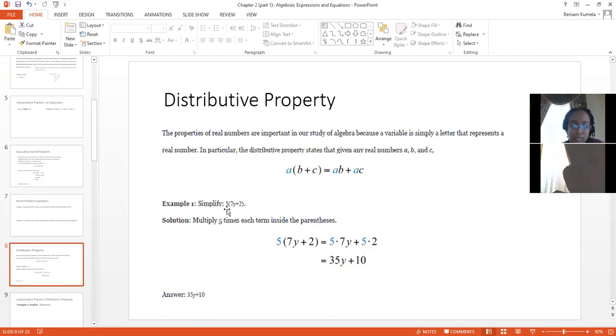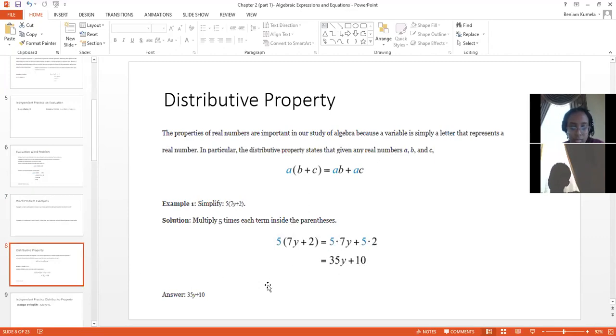Example number 1, simplify 5 times the parentheses 7y plus 2. So what they did here was the same thing. They multiplied 5 times 7y and 5 times 2, the inner and then the outer. So they got 35y plus 10. Once they multiplied 5 times 7, 35, and 5 times 2, 10.